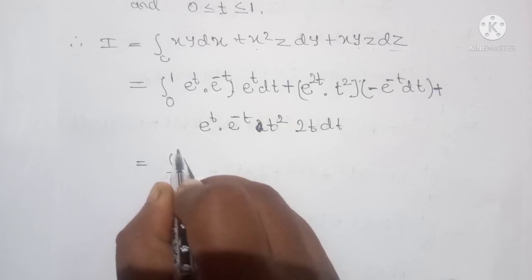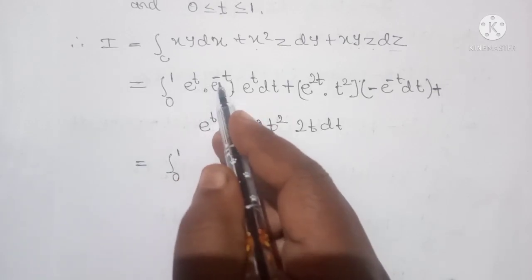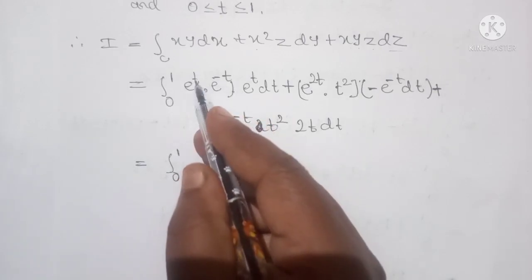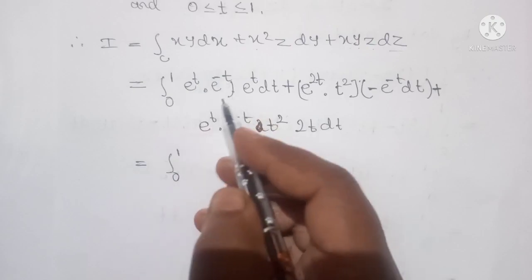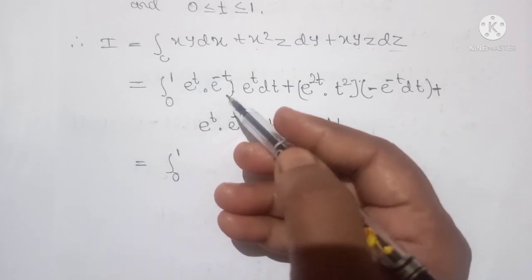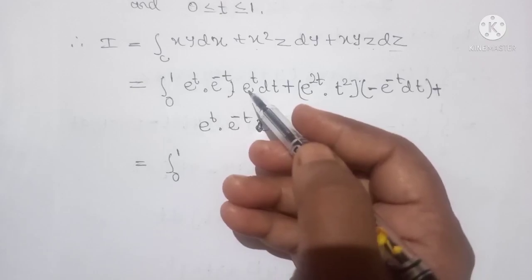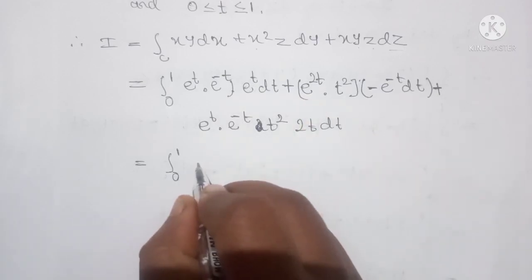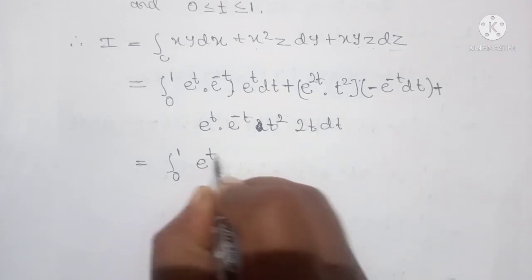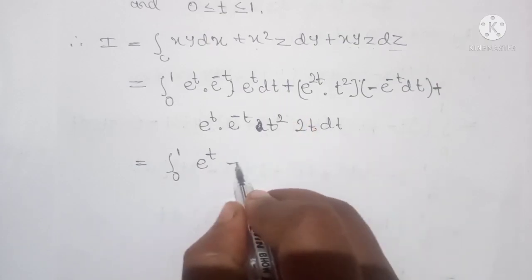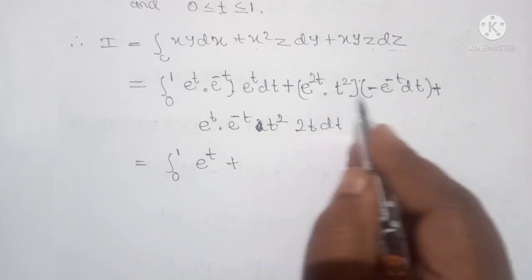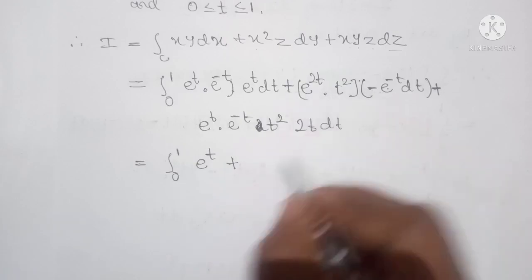Integral 0 to 1, e raised to t, e raised to minus t. Adding the powers, e raised to t and e raised to minus t get cancelled. That means we get e raised to 0. So thus we get e raised to t here. Here you can also observe that we have a minus sign.